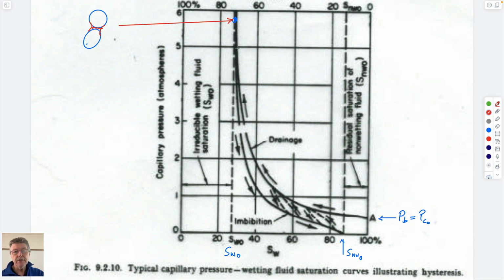Then as you come back down here on the imbibition curve, it sucks in water naturally as you reduce the pressure in the non-wetting fluid.